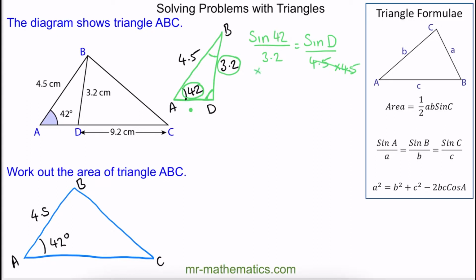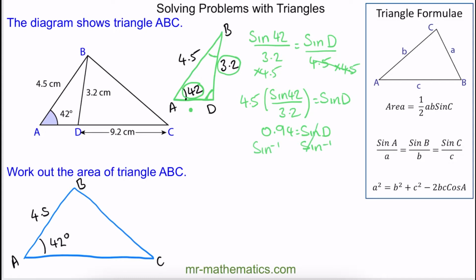These will cancel, so now we have 4.5 multiplied by the sine of 42 divided by 3.2 will give us sine D. So this is 0.94 is sine D. To work out D, we'll take the arc sine of both sides, so these will cancel. So the angle D is going to be 70.2 degrees, which I'll draw on our diagram here.